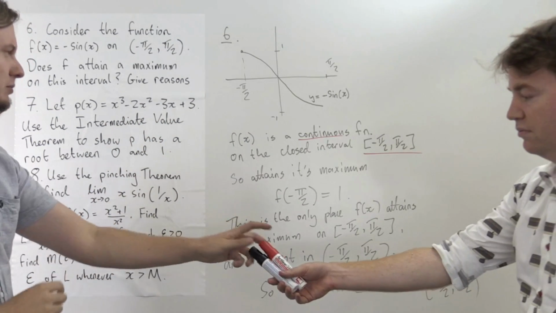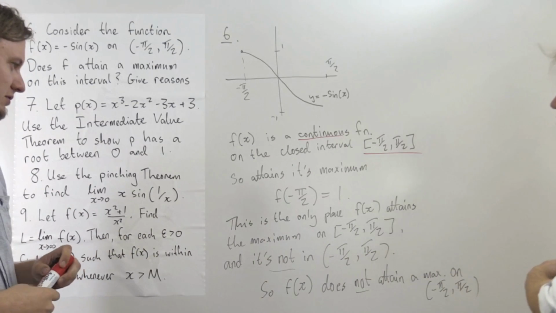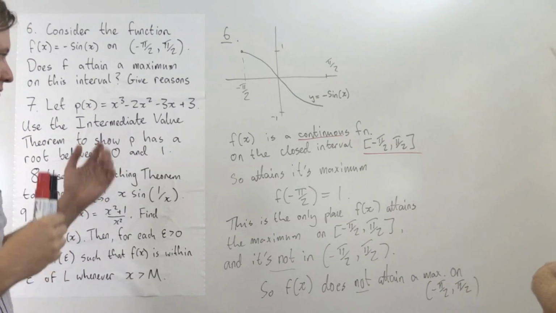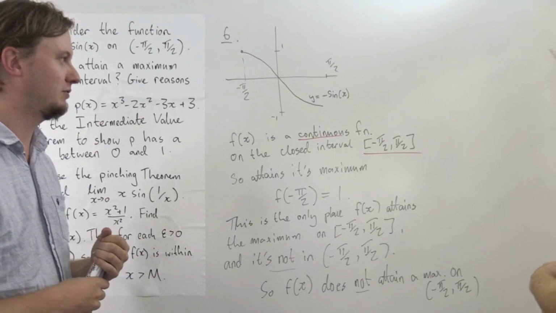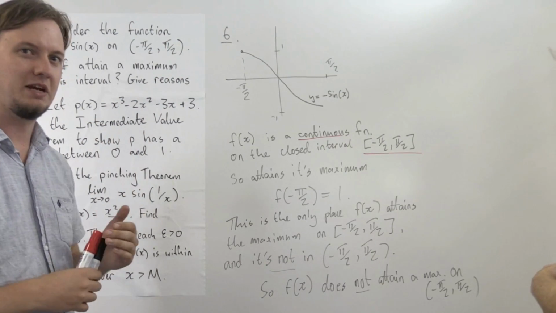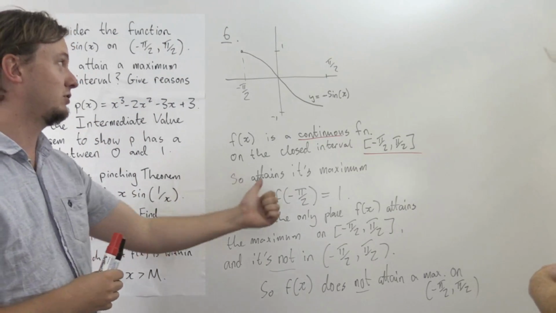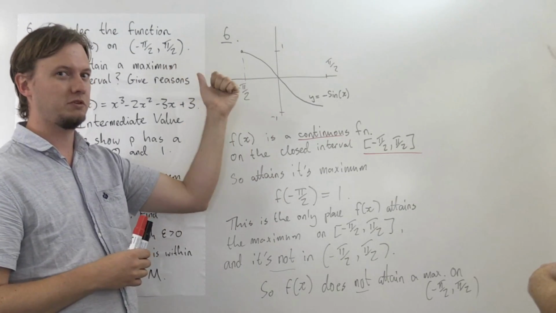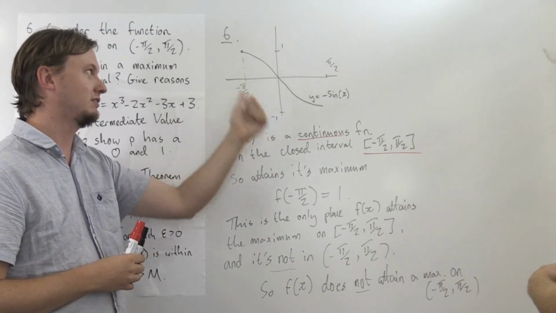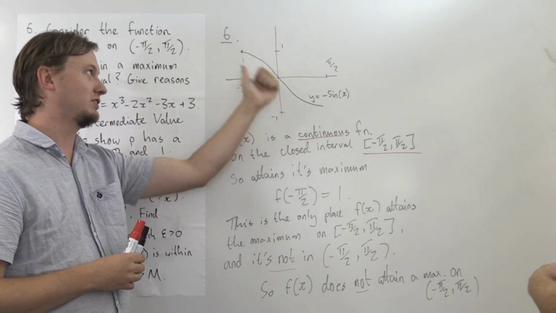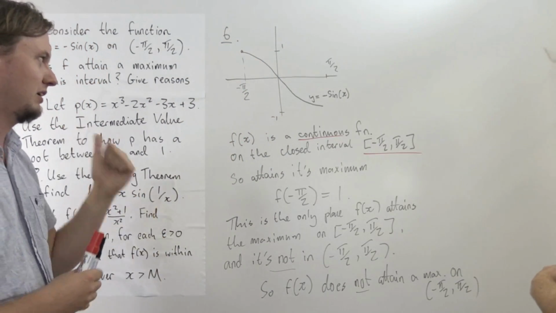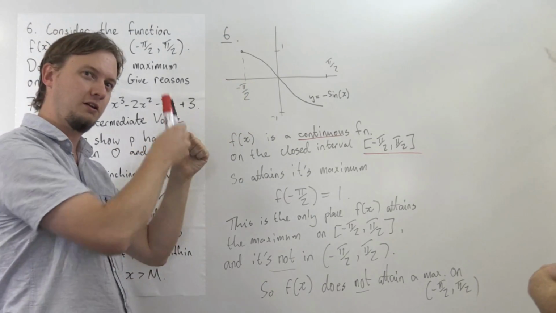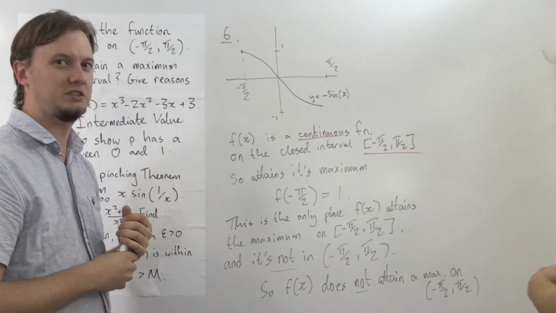It does show you the maximum is here, but that's not included in this interval. So you just don't get to that maximum. And because it's a continuous function, you can get as close as you like. It has to approach that point there. So if you get a little bit closer and closer to 1, actually you never reach it.